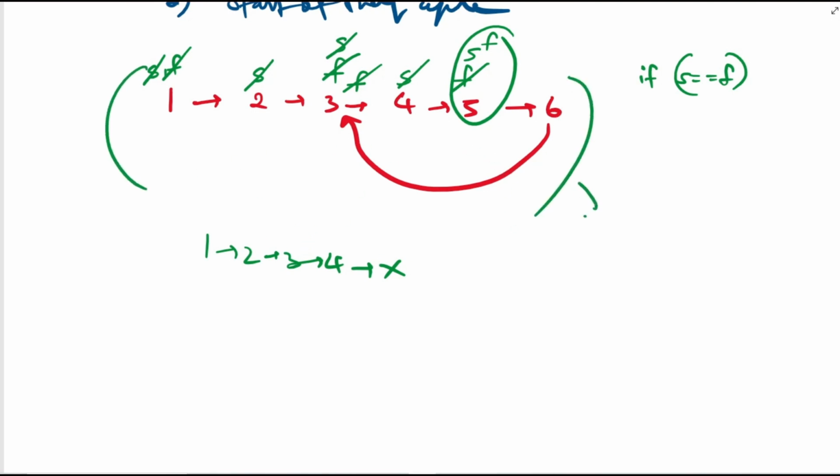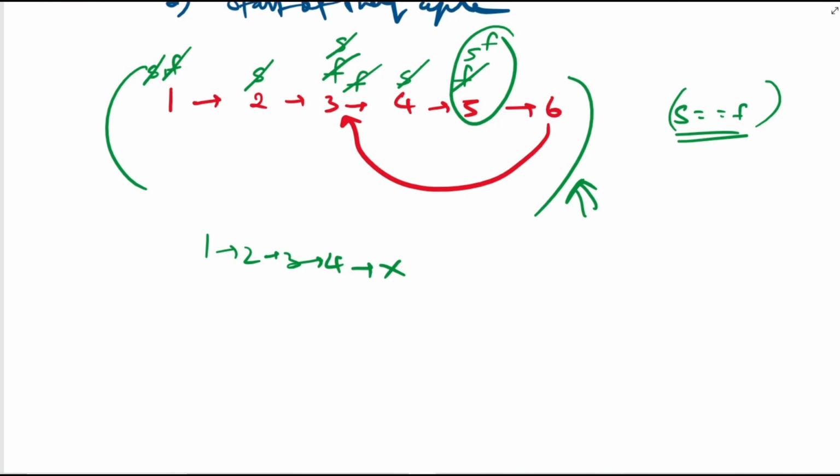But here we already know that a cycle definitely exists. So we will just keep on doing this slow and fast movement until slow is equal to fast. That will be our meeting point.